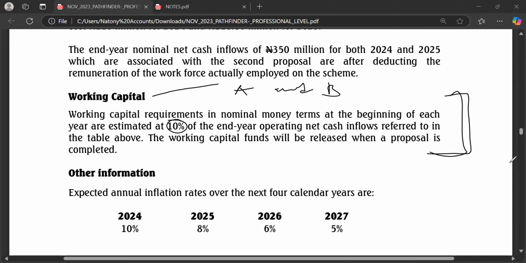So for projects A and B, basically the difference has to do with the labor and the equipment that is to be used. If it is for a construction project, for instance, you see the same amount of cement, iron, and all of that that you are still going to use for both projects. So this working capital information should cover both projects. Okay.